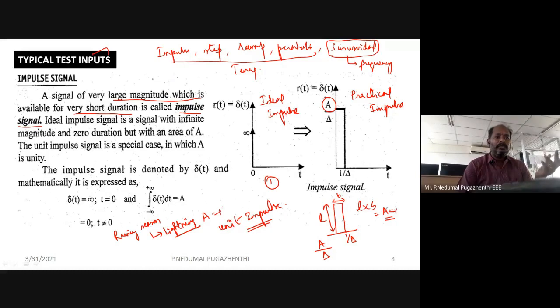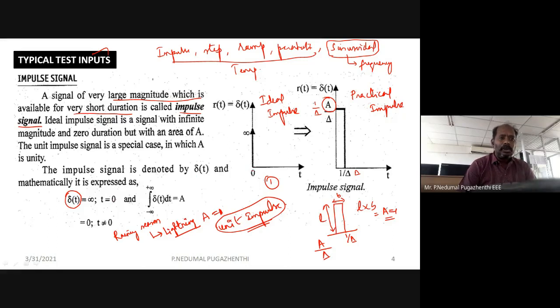If you want that magnitude to be 1, you call this a unit impulse, and the height and breadth should be 1 by delta and delta, to get 1 here. It is denoted as del of t. Del of t is equal to infinity only at t equal to 0, because it exists only for a short duration, microseconds or nanoseconds it may be.